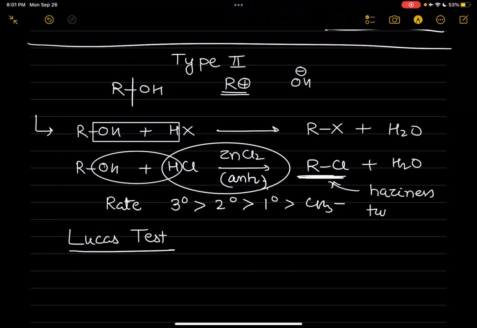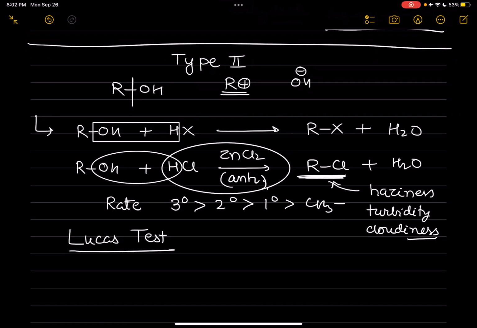Why does it impart cloudiness or turbidity? It makes the reaction mixture unclear because it doesn't get mixed up into the alcohol. So for how quickly the reaction has happened, you note the time for the appearance of turbidity.